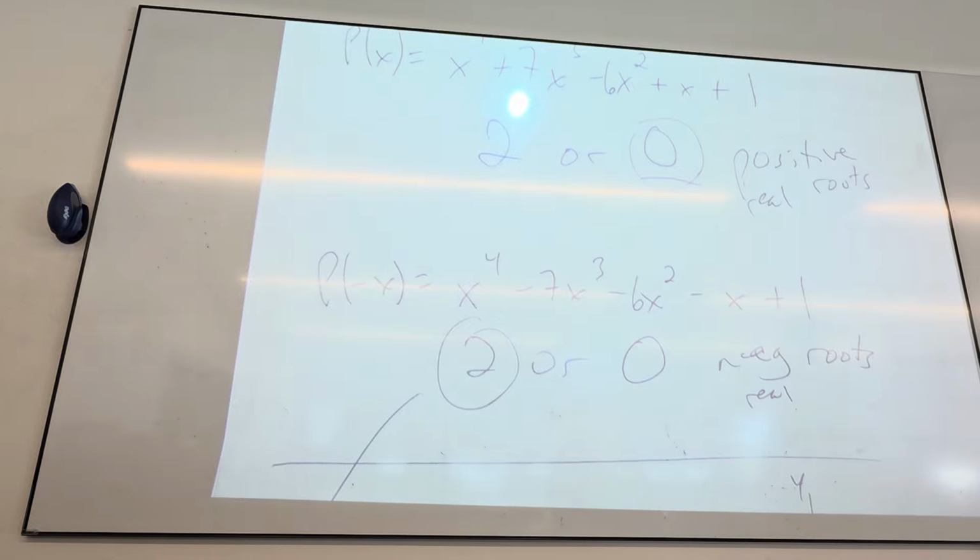The "or 0" is because, again, complex numbers show up in pairs. So if I could have two real roots, but if I don't have any positive real roots, they must be complex. And then we get that thing, they're in the plane up here somewhere. Remember that from the video? I showed you that video, yes?